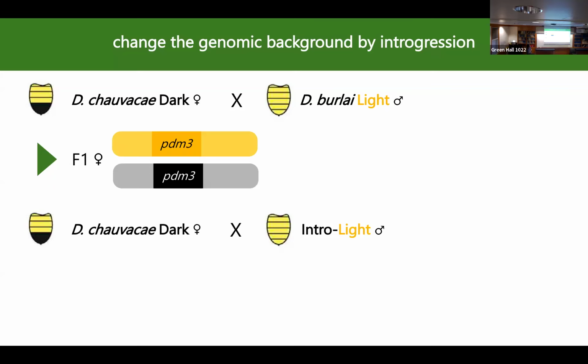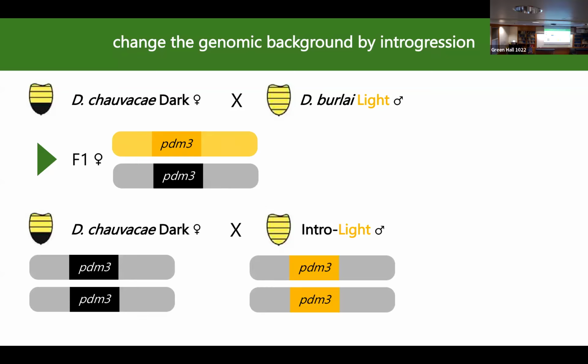As a genomic background, 50% is from the brulli light strain and the other 50% is from the Shobaka dark strain. Then if the modifier exists, the genotype at the modifier locus will be heterozygous.